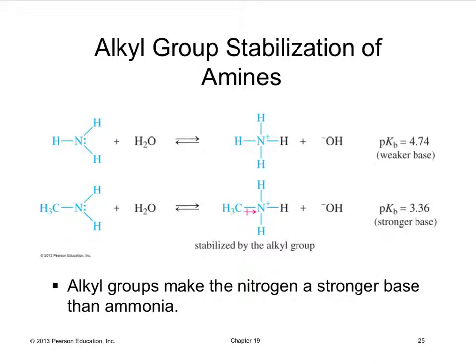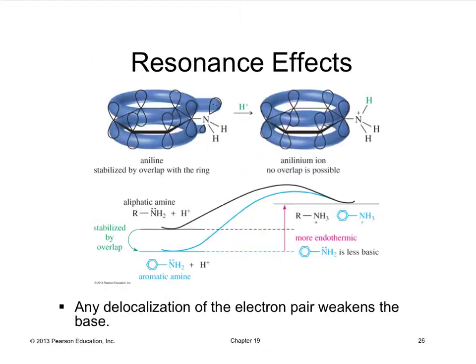So if we look at, for example, pKb from just ammonia, then with an alkyl group, this is a primary amine, we can see that the pKb goes from 4.7 to 3.4. So alkyl groups make the nitrogen a stronger base than ammonia.